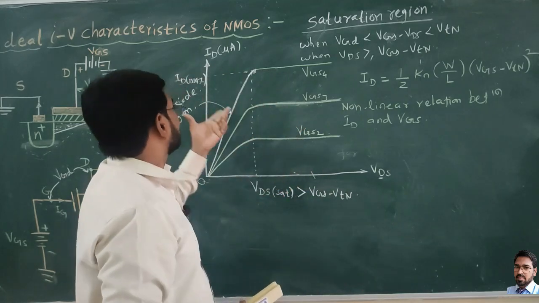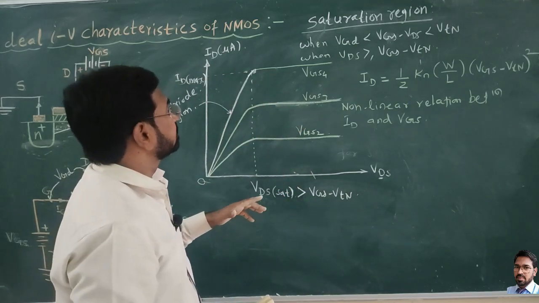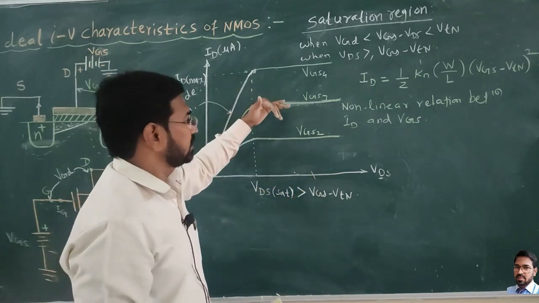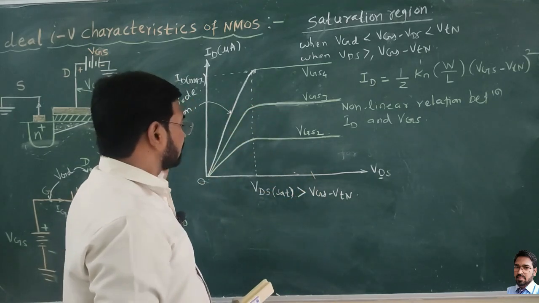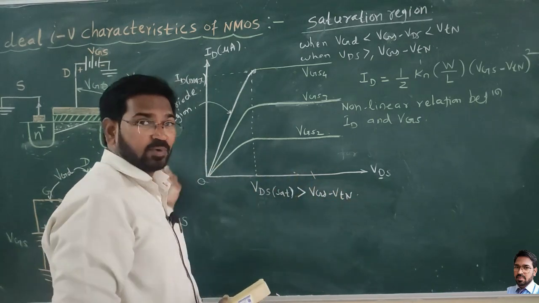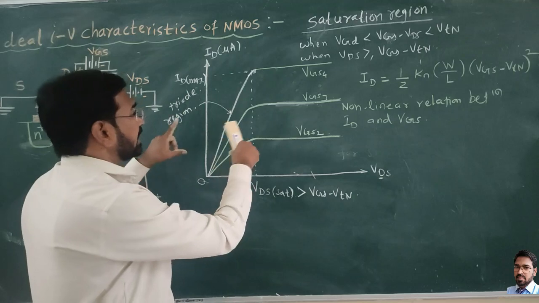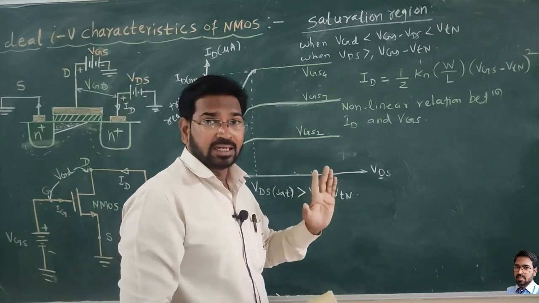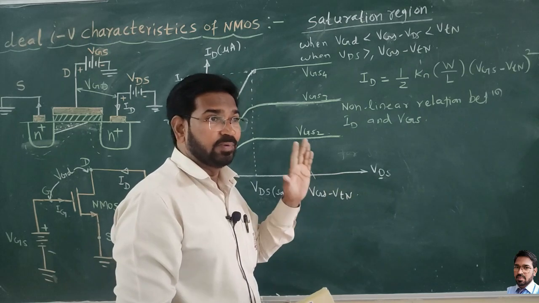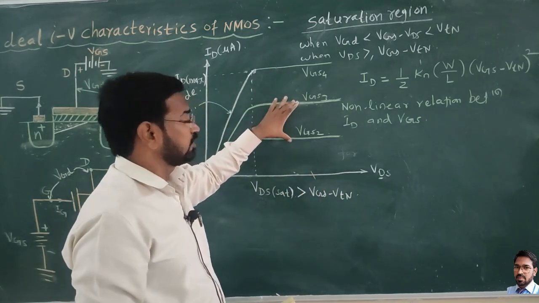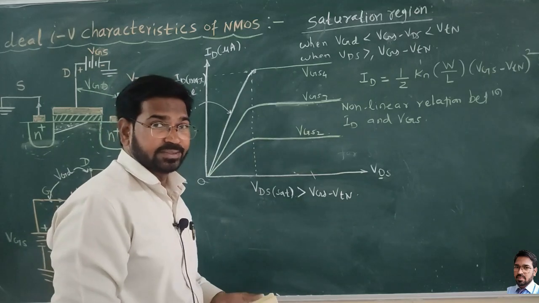because of this, when this transistor is used as an amplifier, it must be operated in the saturation region, because we want a swing in the output current according to the swing in the input voltage. All the voltages and currents we have written here are DC conditions. All DC voltages, VDS is DC, ID is DC, VGS3, VGS4, VGS2, all are DC voltages.